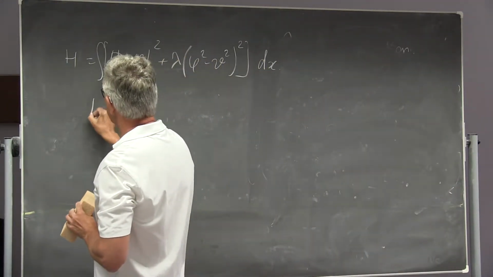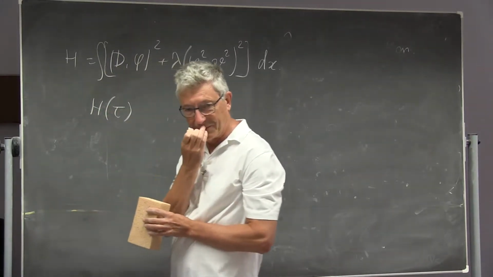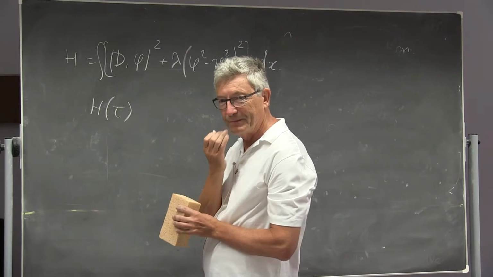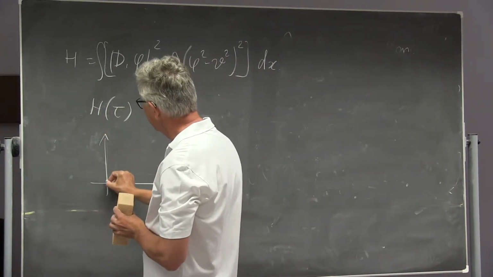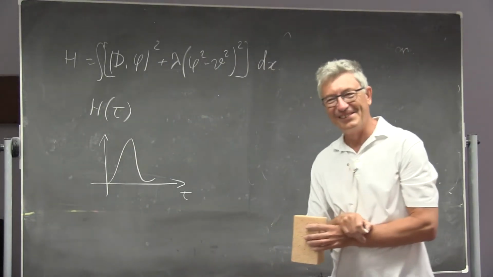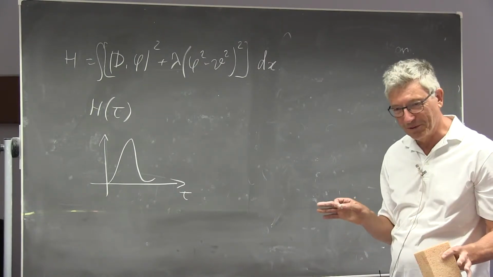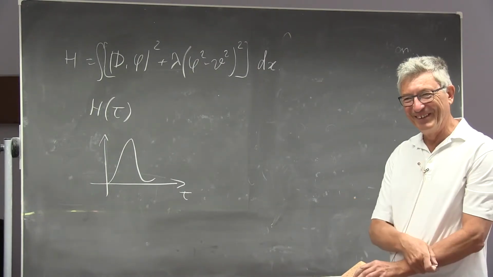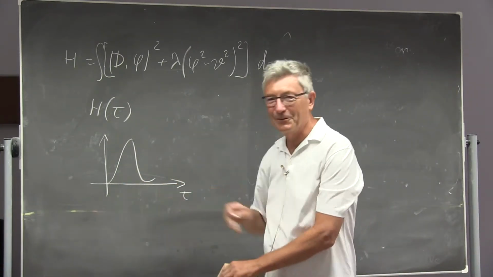And as a result, we will get energy as a function of this parameter tau. Okay? And the statement is that it will be like that. Okay? Why so? Why will we get some extremum here? Why will it not be like this?